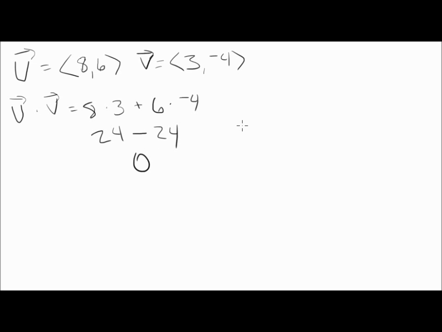So we know that these two vectors are perpendicular. Let's say we had vector, let's just go ahead and call it vector W. So let's say we have vector W and it equals 4, 3. Let's try taking U dot W. So that would be U's up here, so 8 times 4, and then we're going to add the second one, which is 6 times 3.